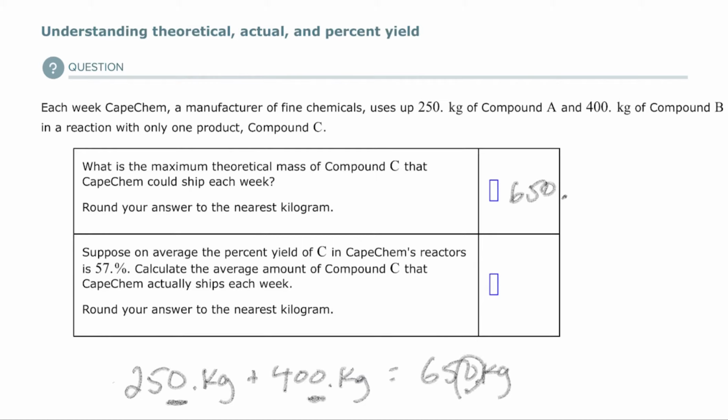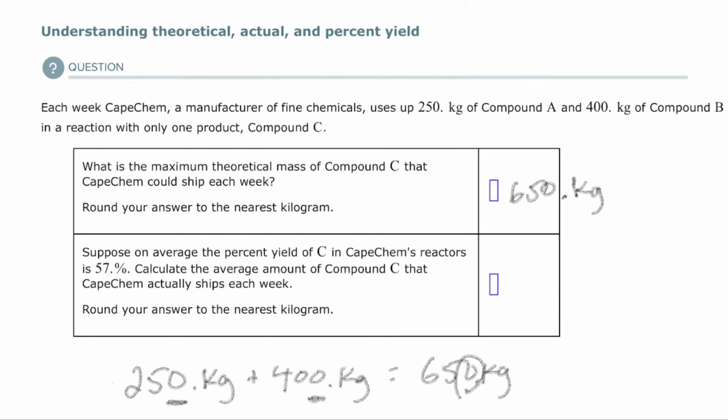So it's going to be 650, and then put the decimal point, and that's going to show that your ones place there, the 0, is actually significant. So it's going to be 650. I don't know whether they give you kilograms or not, but if not, you're going to have to put it in. So 650 kilograms, because whatever you have at the beginning, you have at the end.